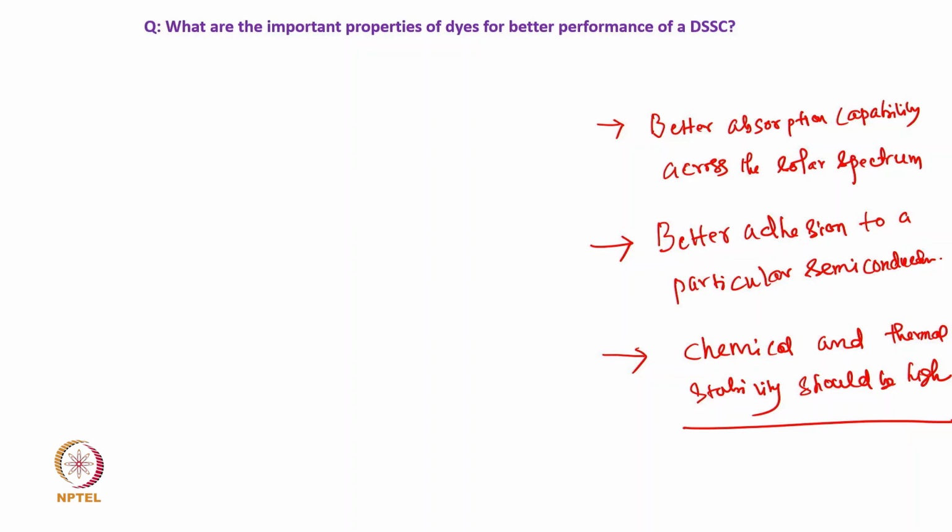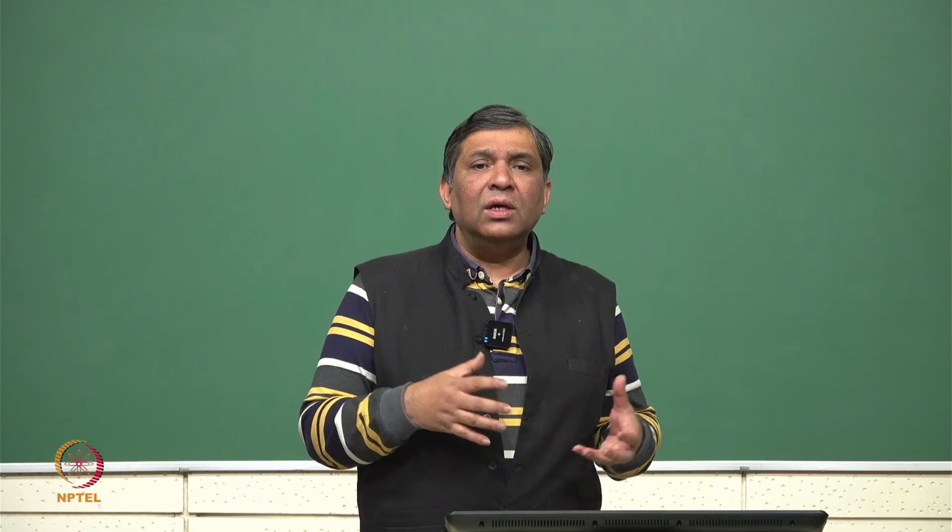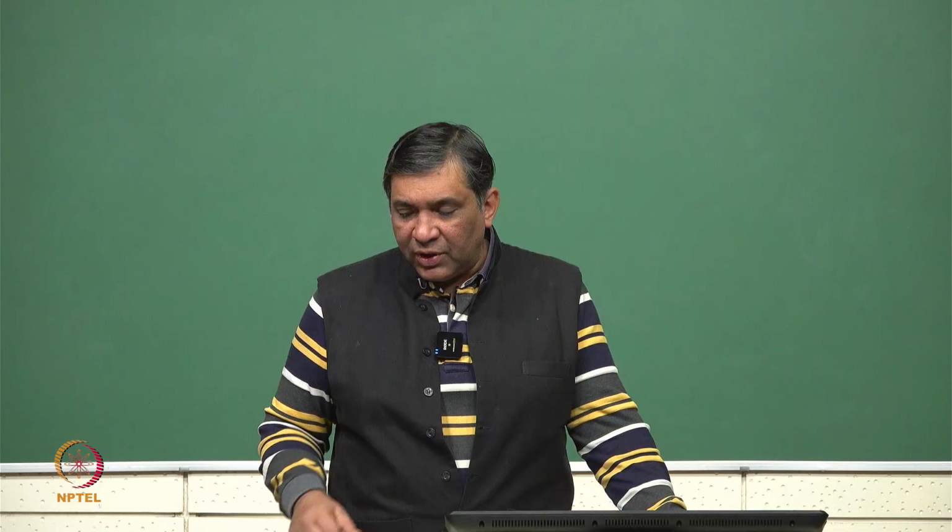Okay. So, these are the three most important properties of the dye which are required for the design of a good DSSC. And of course, it should have the capability of accepting electrons when the regeneration of dyes takes place. Okay.